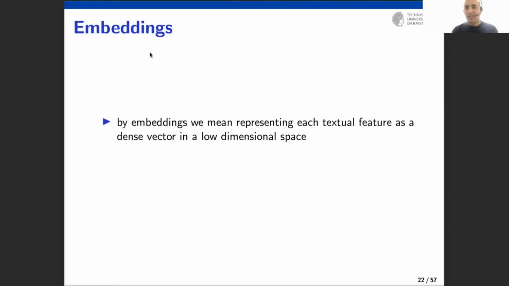Now that we know what dense encodings are, we can talk about embeddings. By embeddings, we mean representing each textual feature as a dense vector in a low-dimensional space.